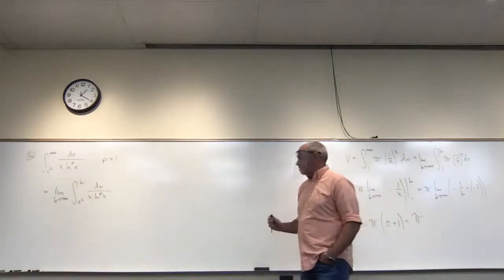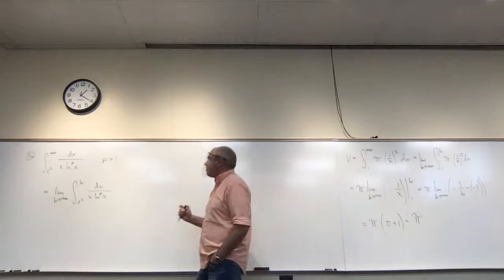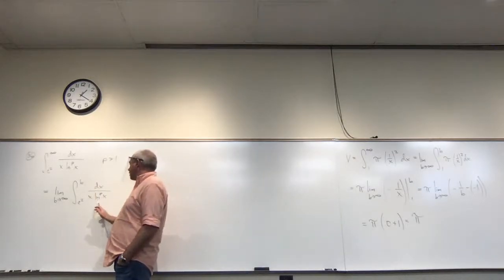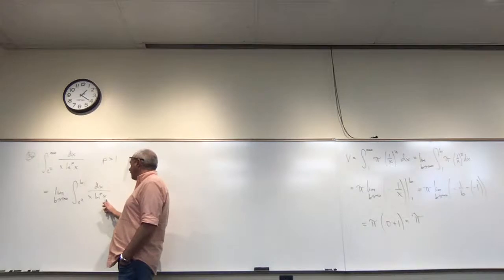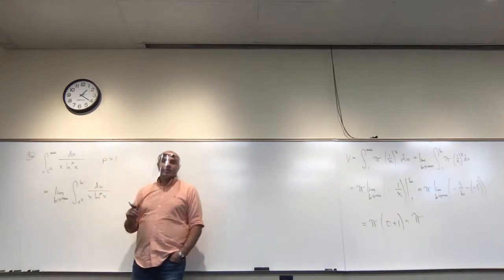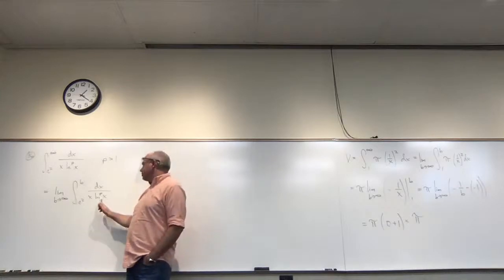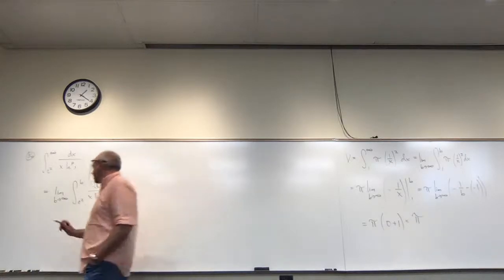All right, so what I see here is we've got two things going on. We've got ln of x to the p, and we've got 1 over x. But the derivative of ln of x is 1 over x, right? So that might be a really good u substitution. So let's substitute for ln of x and see what we get.